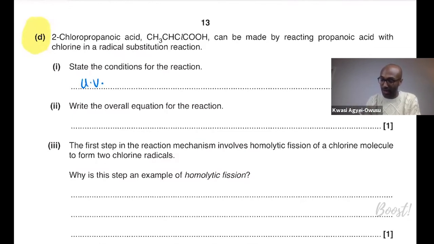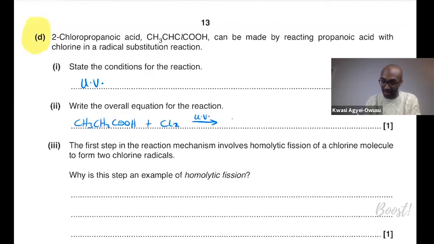So the overall equation involves propanoic acid, which is CH3CH2C double bond OH. So that's our propanoic acid. And this is reacting with chlorine, and we're reacting the two in the presence of UV. So that would give us our chlorine radical.